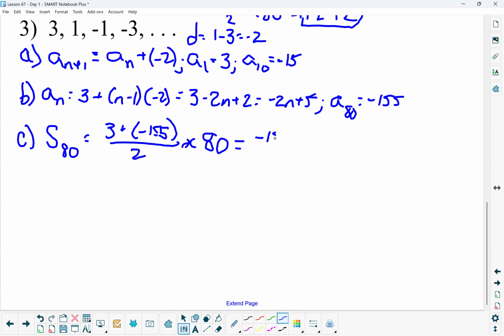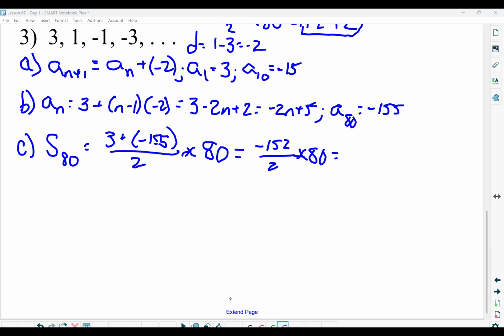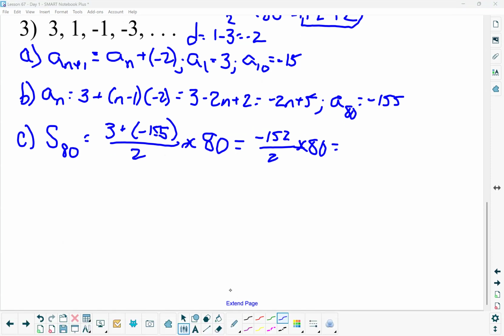So negative 152 divided by 2 times 80. Again, using my calculator. And we get a total of negative 6,080.